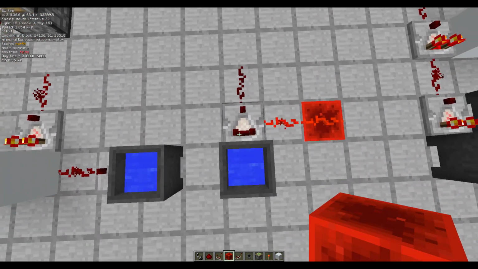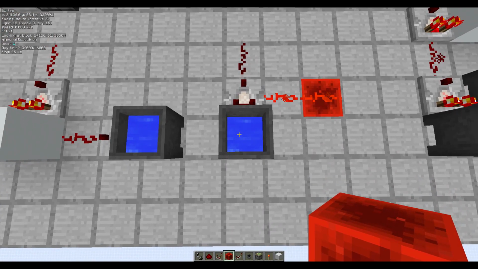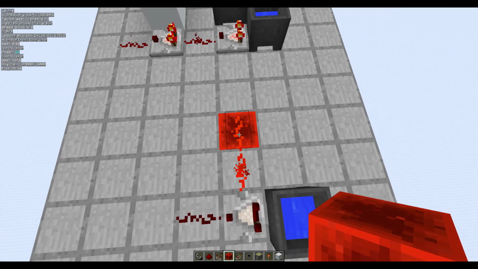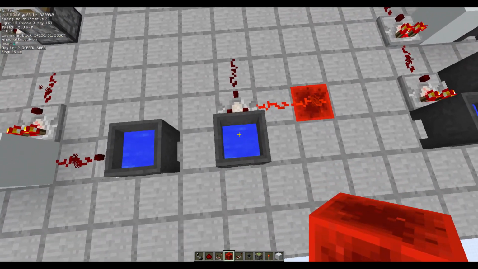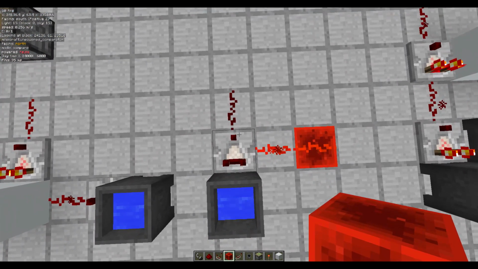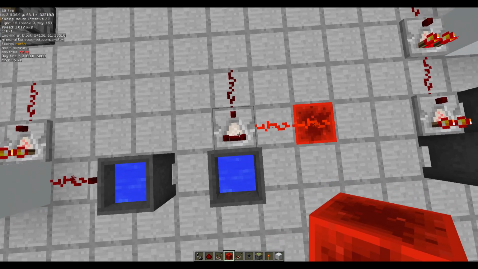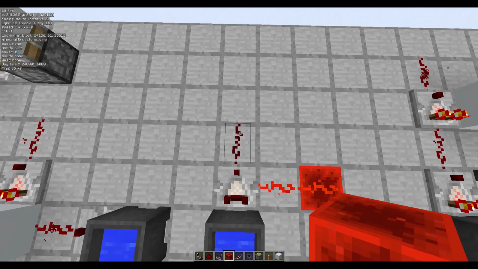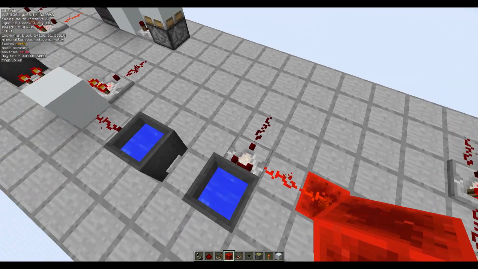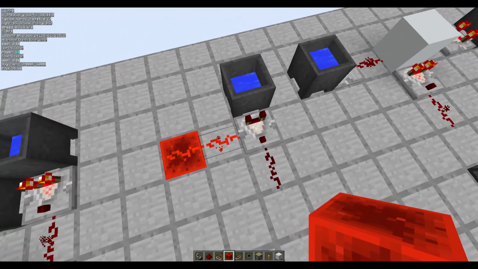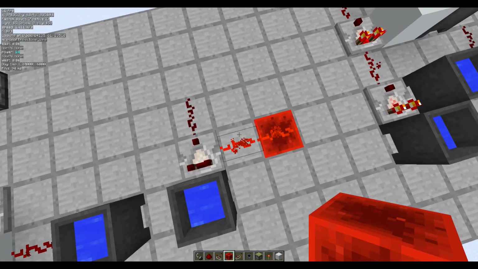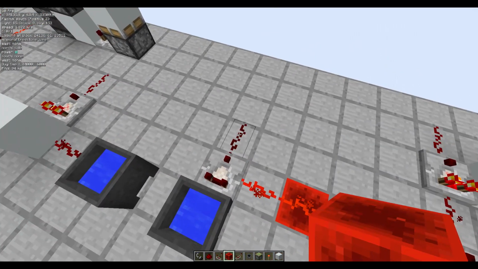The comparator is going to look at the value behind it, and then it's going to compare that to the value coming in from the side. And so if the power at the back is greater than or equal to the power coming in from the side, it will take the power level from behind and it will go forward. So yeah, since 1 is not greater than or equal to 14, then it outputs nothing.